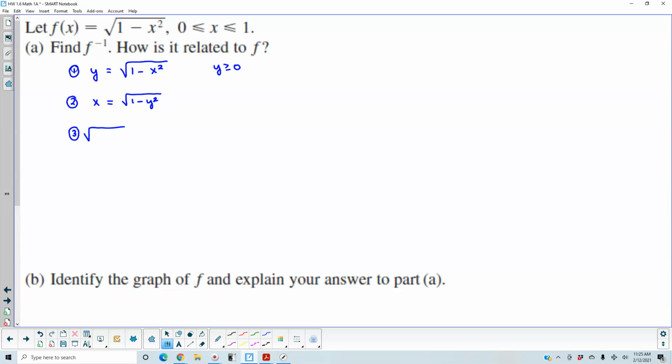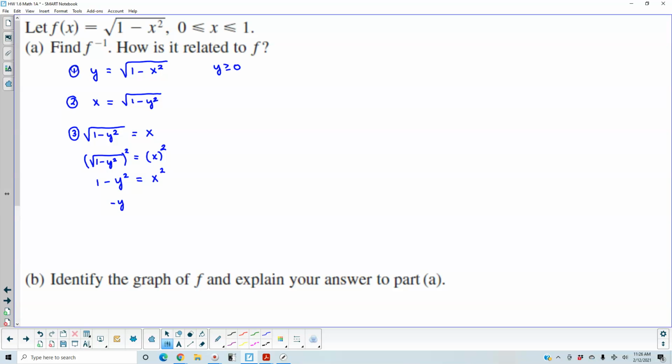So we have the square root of 1 minus y squared, which is equal to x. We're going to square both sides. So we get 1 minus y squared, which is equal to x squared. And then subtract 1 from both sides.